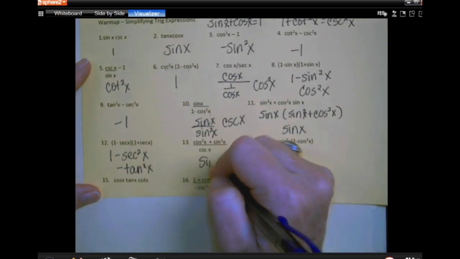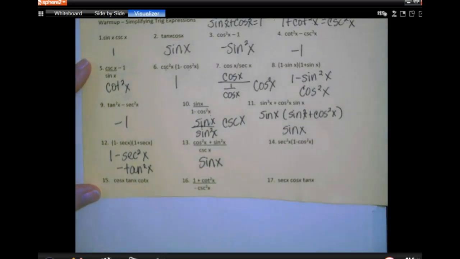So number 13. Cosine squared plus sine squared. 1. So I have 1 over cosecant. It's sine.